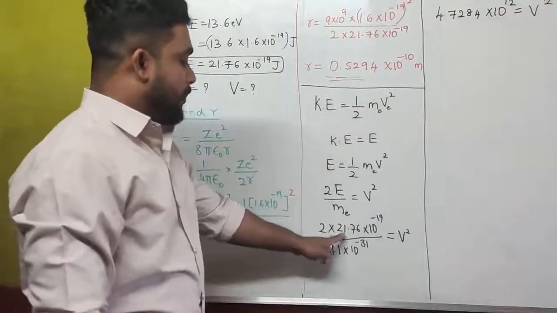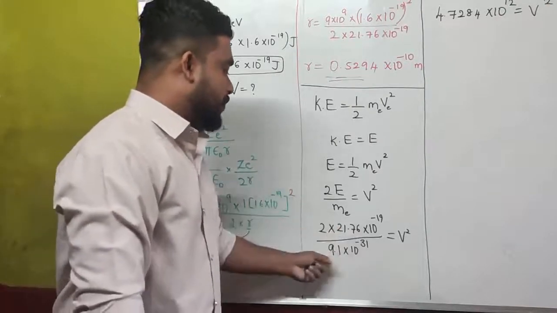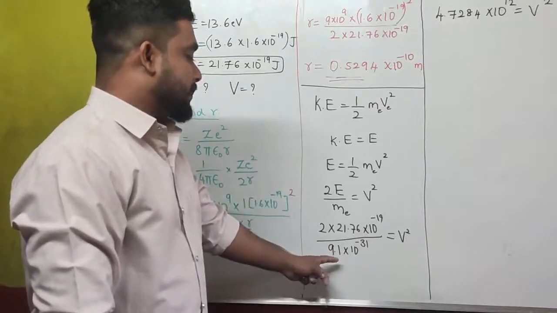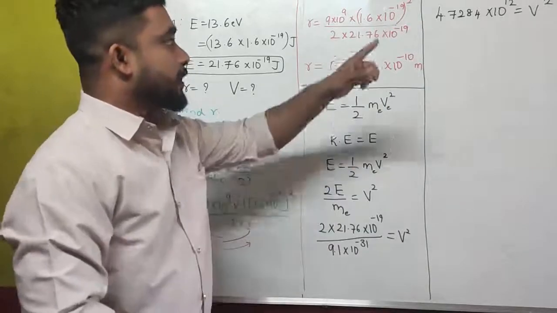If we multiply 2 into 21.76 and divide the whole numerator by 9.1, we get 4.7284 × 10^12.